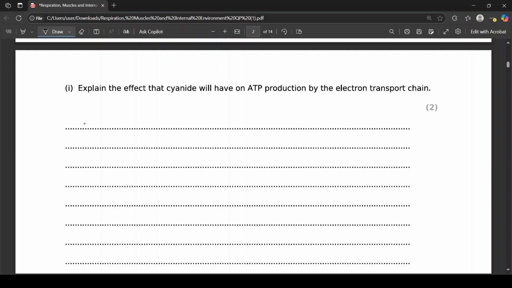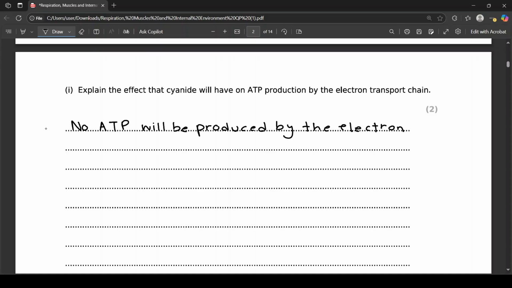So first of all, cyanide prevents donating hydrogen atoms to the individual complexes, and so the first thing that we can write here is no ATP will be produced by the electron transport chain.